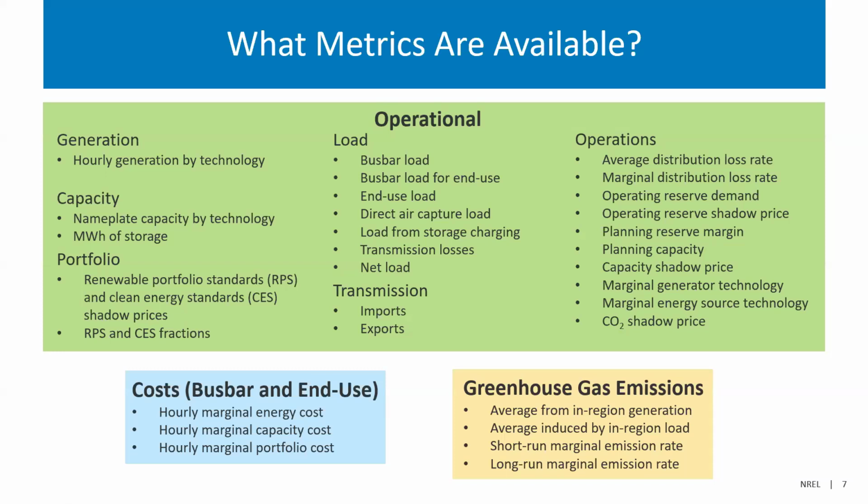Some of the most popular metrics are in the operational, the hourly generation by technology and the nameplate capacity by technology. So how much of each technology is being built. And then what is the actual hourly generation mixture that is meeting demand in these future projections. I'm going to talk a little bit more about that, but the hourly thing is key.